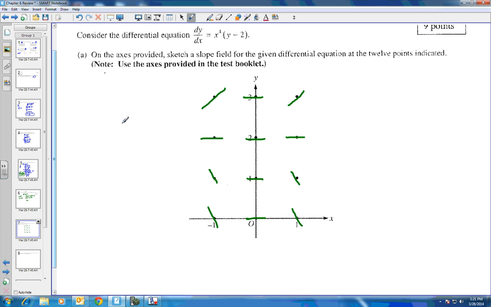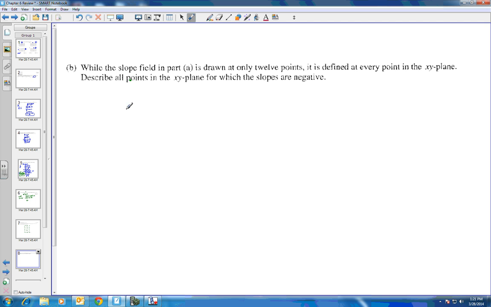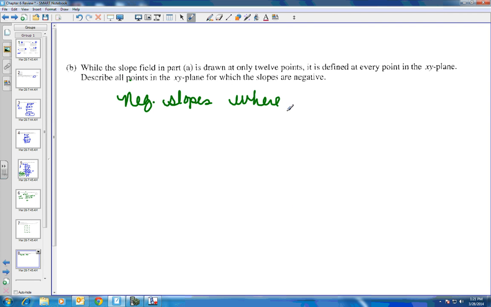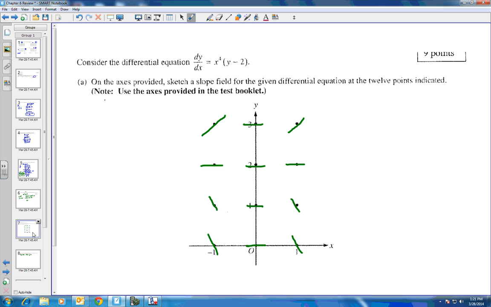Everything below 2, and also everything that's on the y-axis, right? So I have negative slopes where, and let's do our y values first, where y is less than 2. And where else?